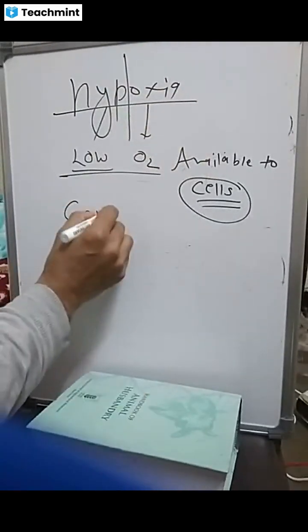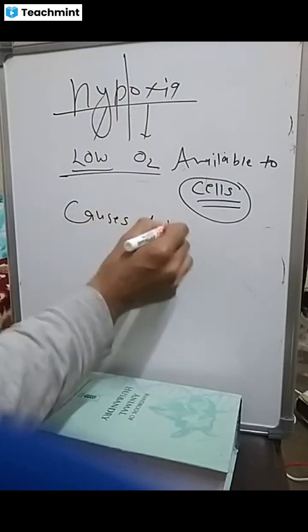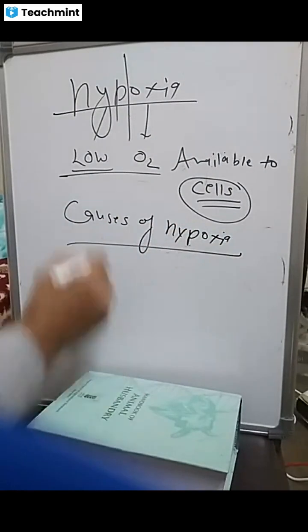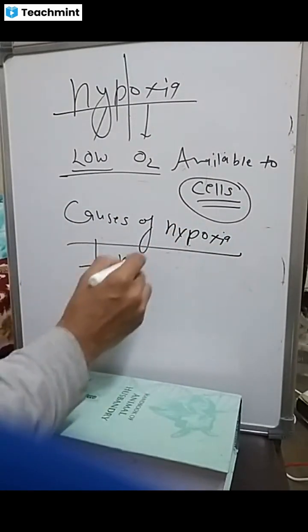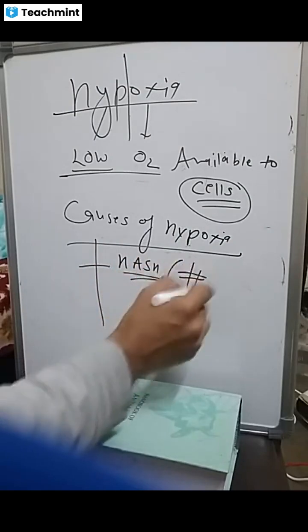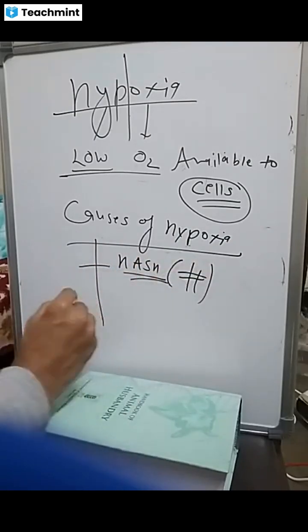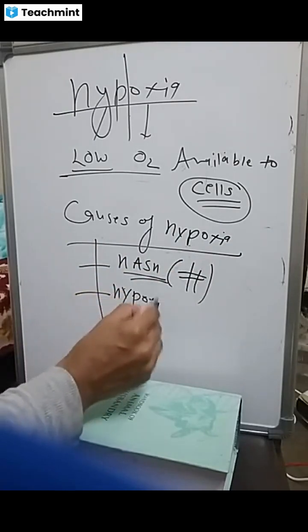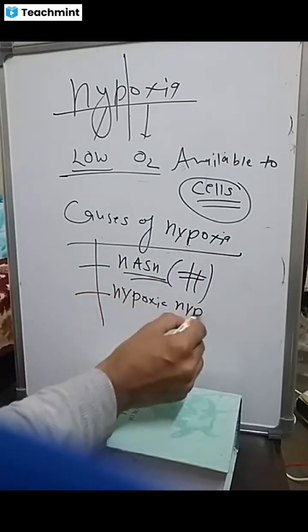What are the causes of hypoxia? Remember, like HASH. There are four causes. First is hypoxic hypoxia.